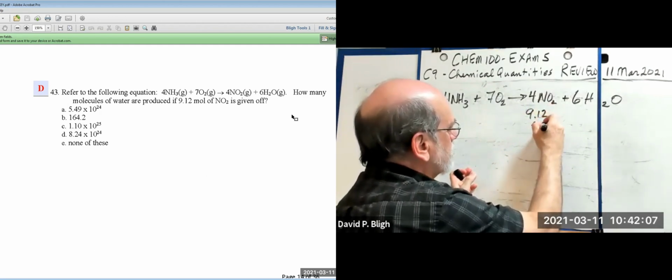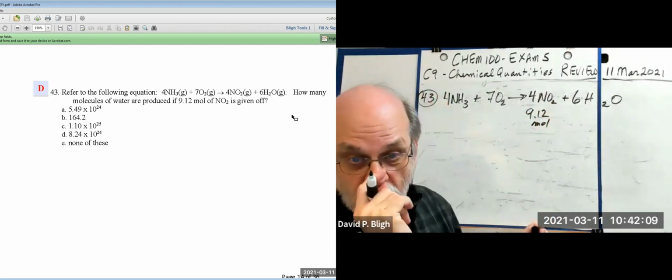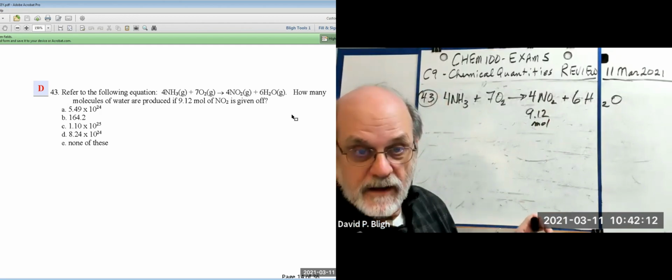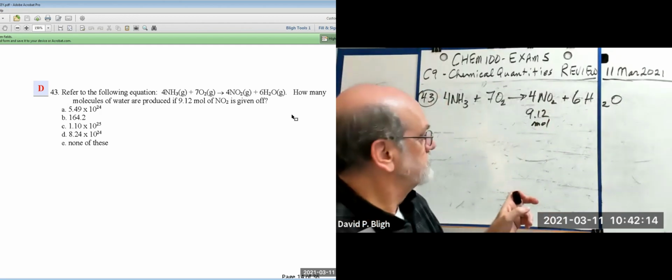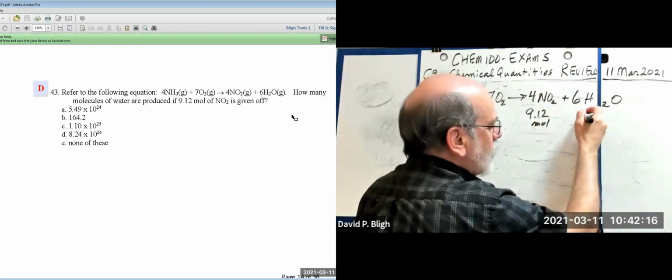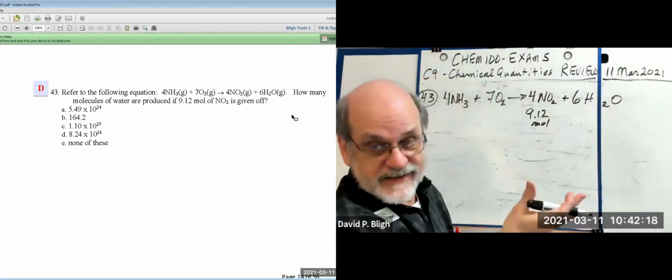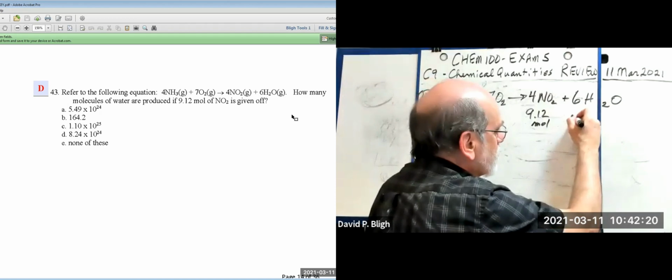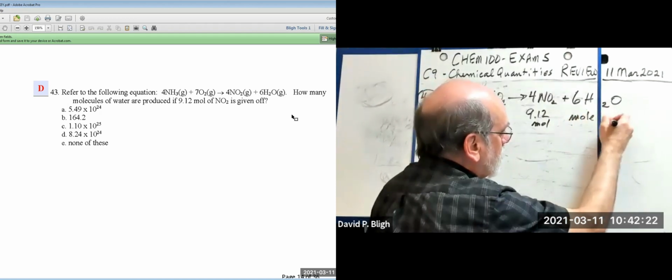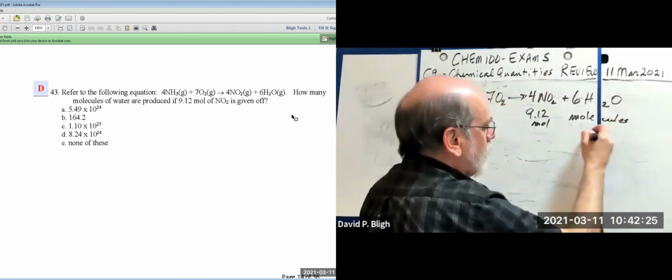9.12 moles of nitrogen dioxide are released in this reaction. How many molecules of water? So we don't want to just know moles, although that's an intermediate step. We want to know molecules of water.